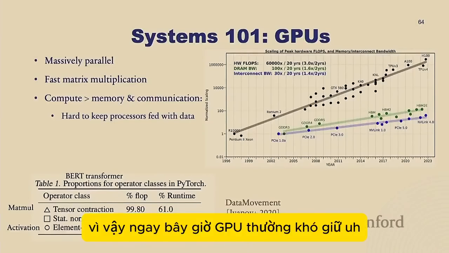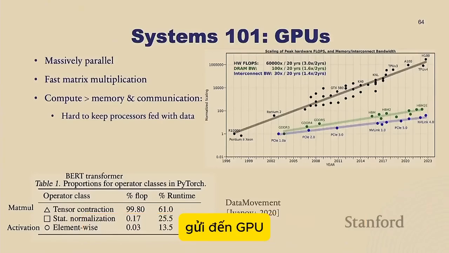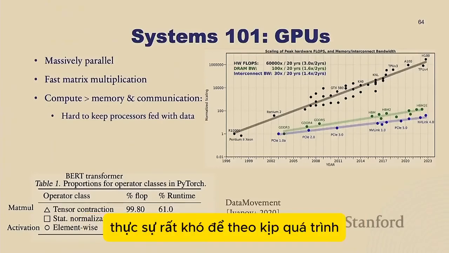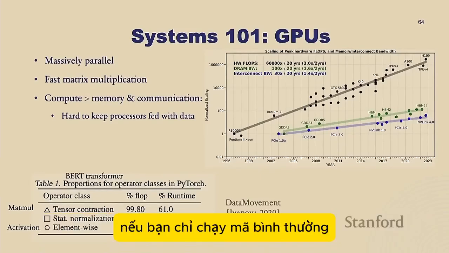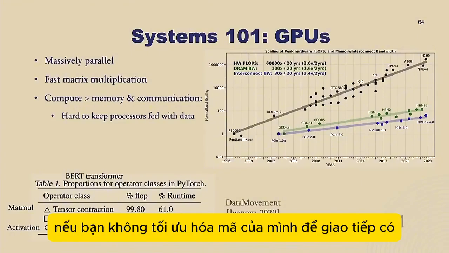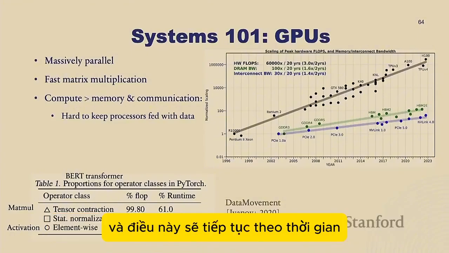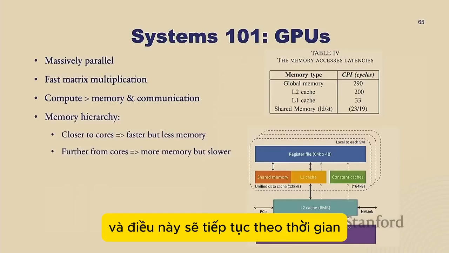So the data that you send to GPUs is hard to keep up with the processing. Most of your GPUs are going to be idle if you just run normal code and don't optimize it, and this will continue over time.